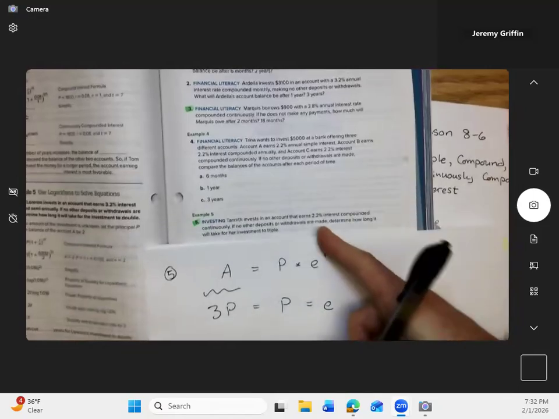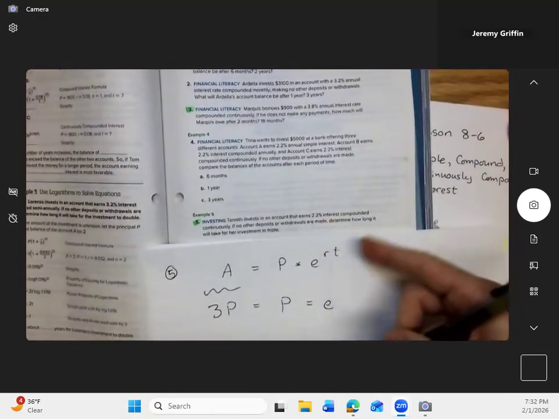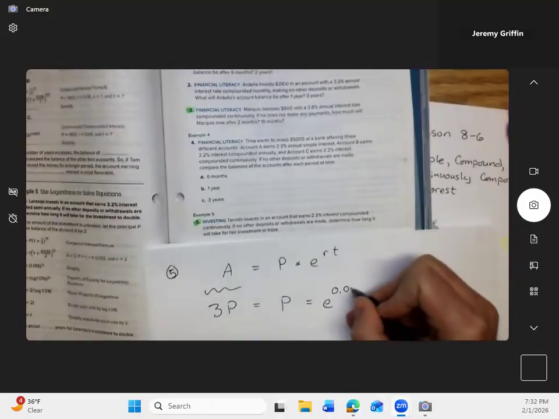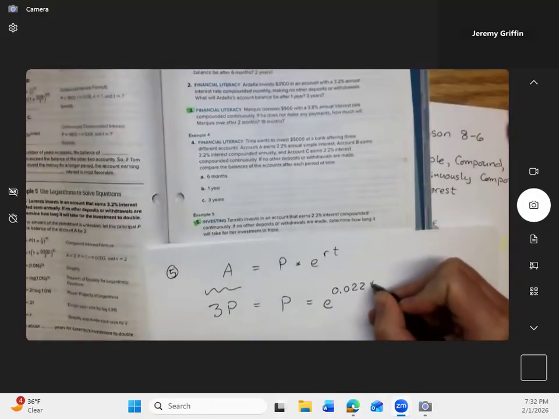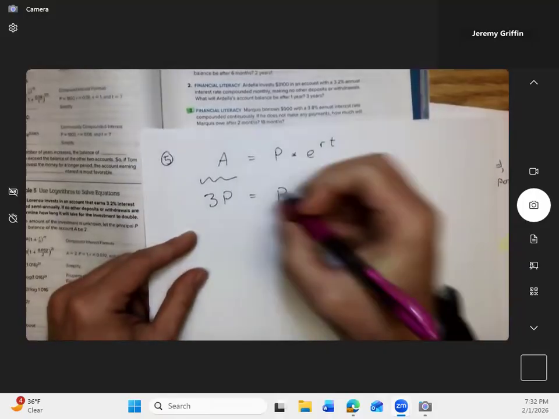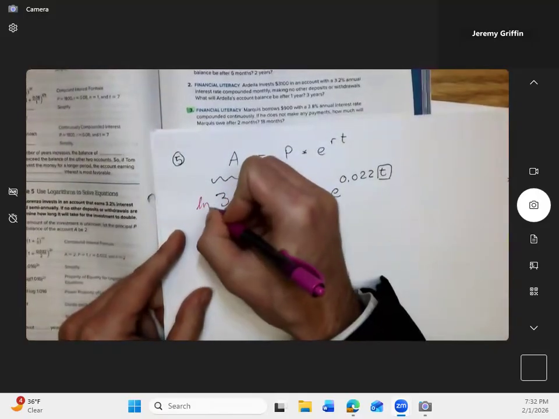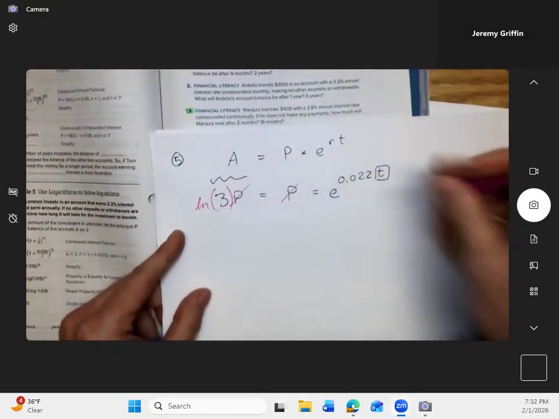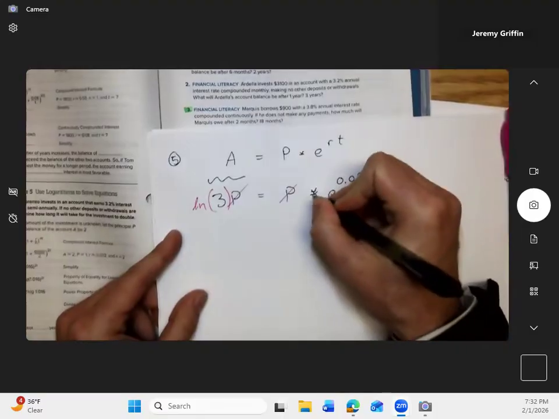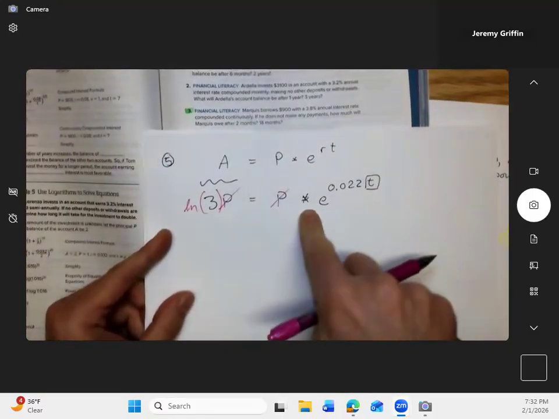In the place of R, the 2.2%, we'll put 0.022. And then we're solving for t. Take the natural log of both sides. Sorry, that should be multiply, but whatever, because the P canceled out.